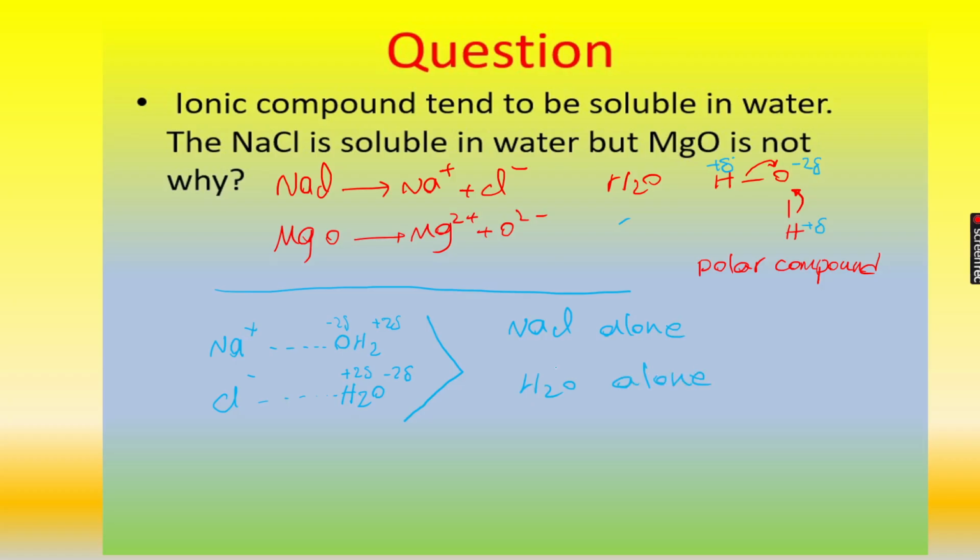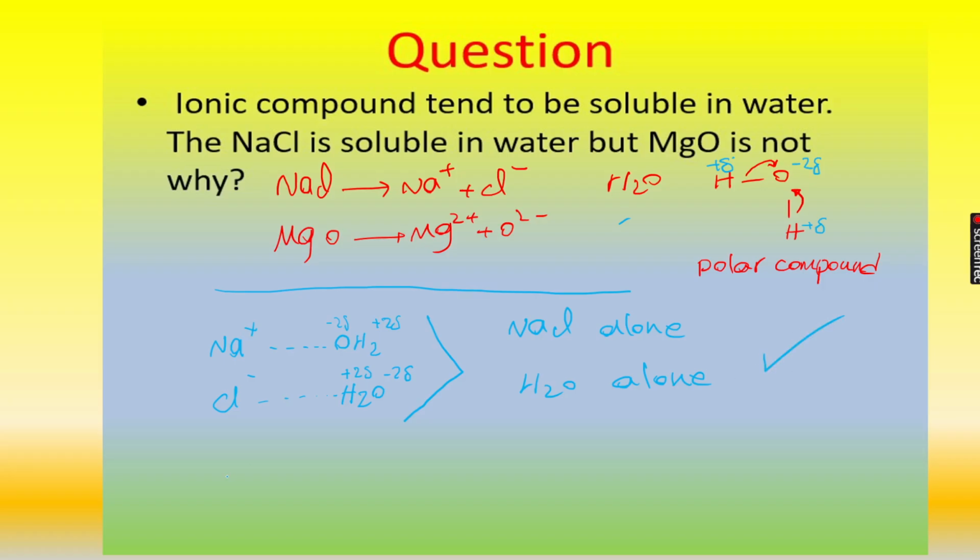Between the particles of NaCl there is an ionic attraction, and H2O has a polar attraction. So this attraction is bigger than NaCl alone and H2O alone. That's why the solubility happened.